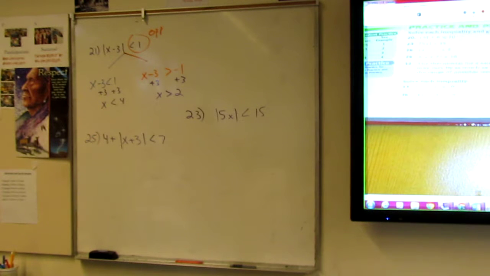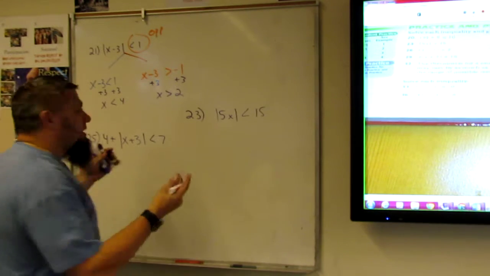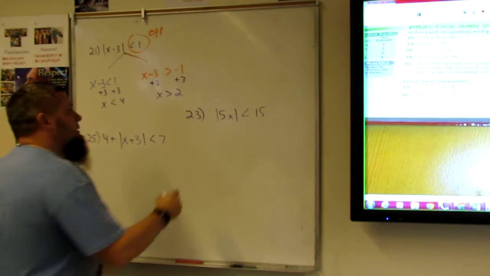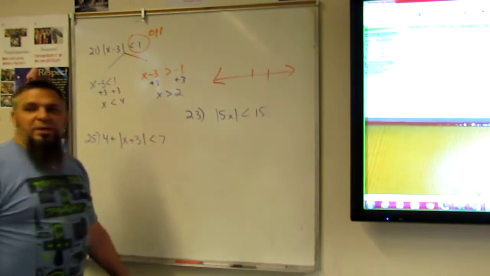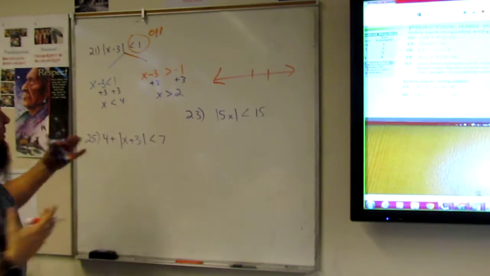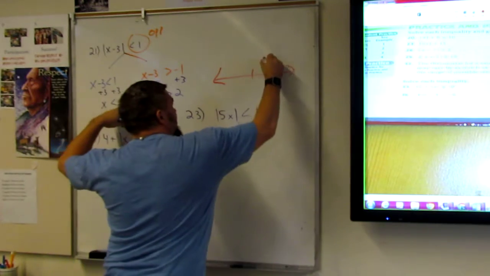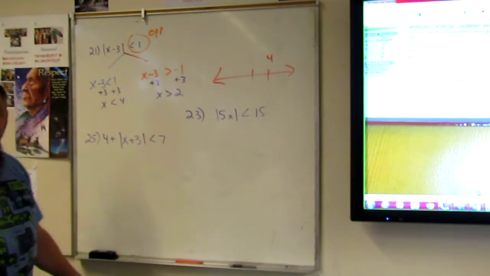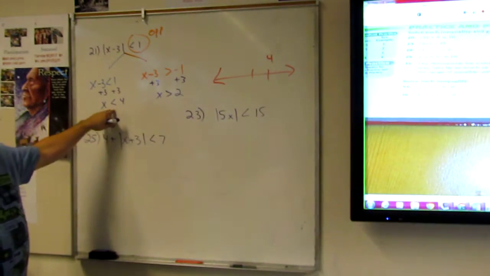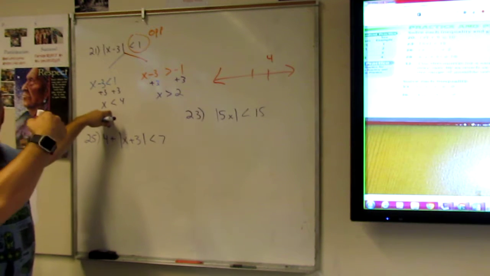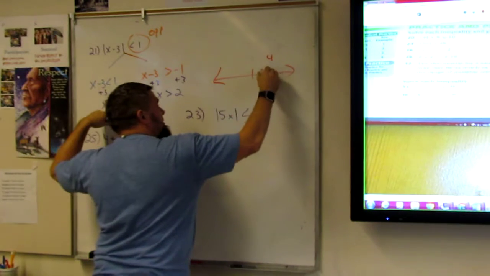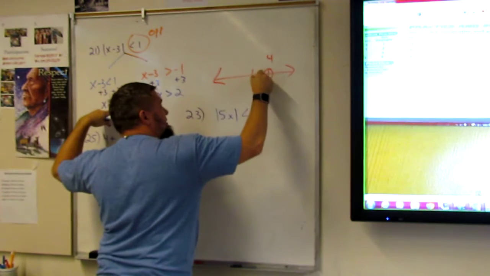Now, here's the tricky part. We've got to graph it. It's pretty simple if we follow the rules we did yesterday. This time we have 2 places. One place is 4. If x is less than 4, then it's an open circle going this direction.